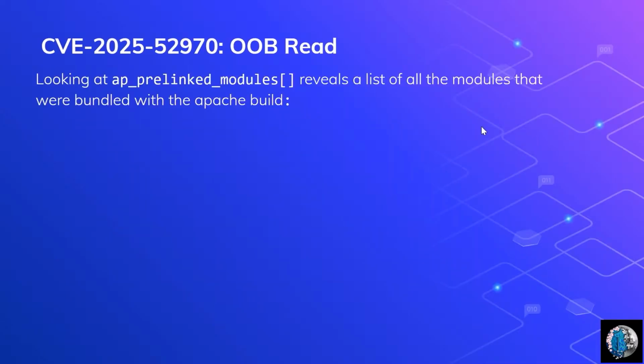Right, so looking at ap_prelinked_modules, this is an array, by the way. It is part of the Apache ecosystem, and this array contains a list of all the pre-linked Apache modules that are bundled within the build.